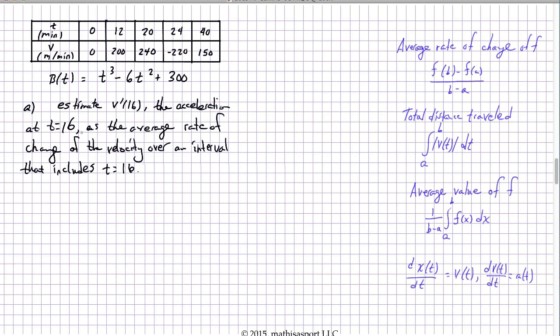And so what we're going to do is say that the average rate of change of v is v of 20 minus v of 12 over 20 minus 12.